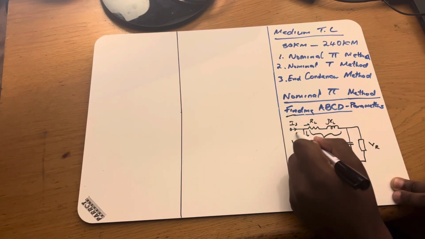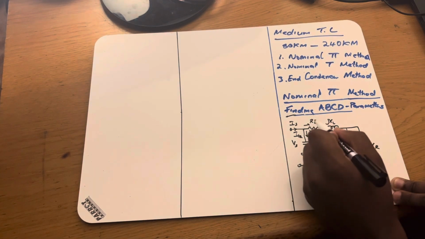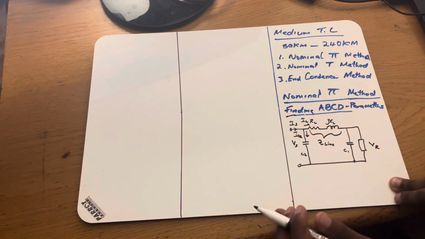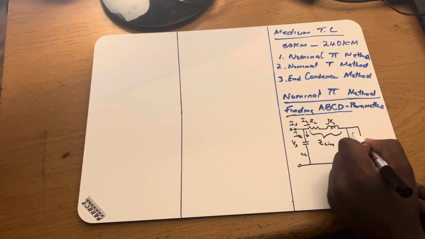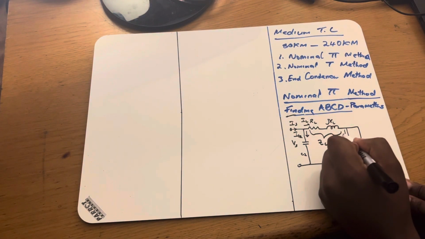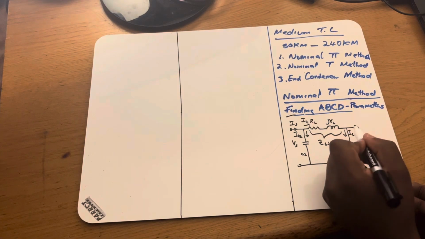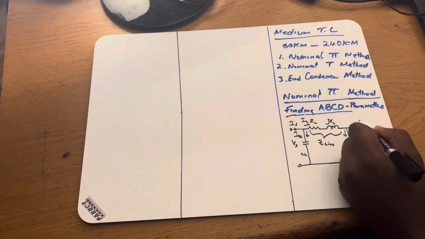So we name the current that goes into the capacitor IC2, and we'll name this current IL. So IL comes and splits here. One current goes through C1, we'll call this current IC1. The other current goes to the receiving end, we'll call this one IR.